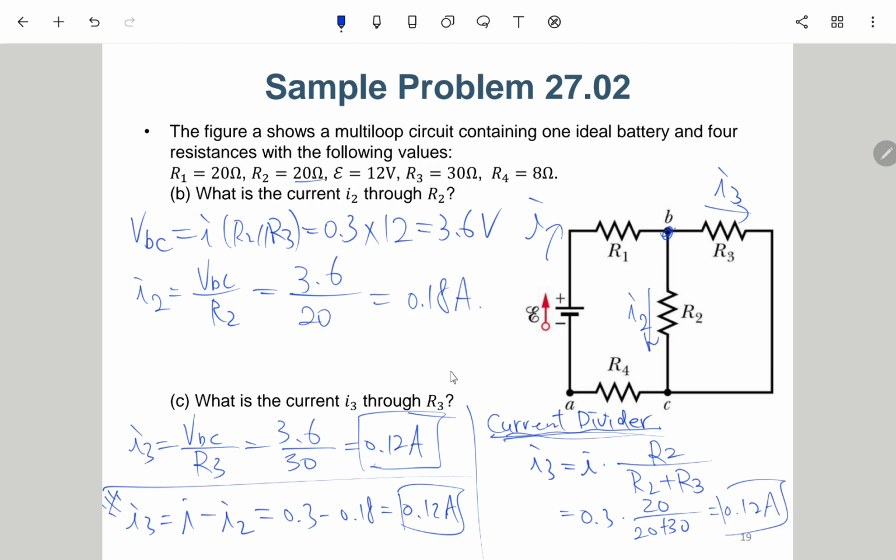It will also give you 0.18. So solving circuits can be very simple. You can find many different ways to find the same answer, not only a single solution.